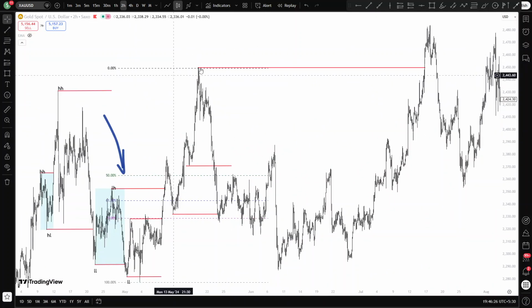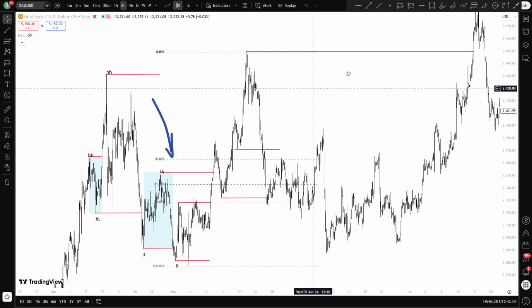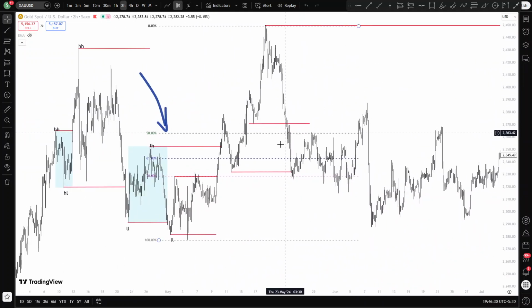Why did I mark this point as a valid higher high? Because I've seen that the market has retraced to the 50%.